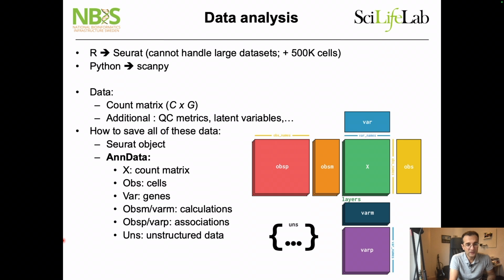And last but not least, you have unstructured data, which is data which you cannot fit in relation to any of these dimensions, any of these axes. For example, you can save the variance ratio of the PCs in this slot.